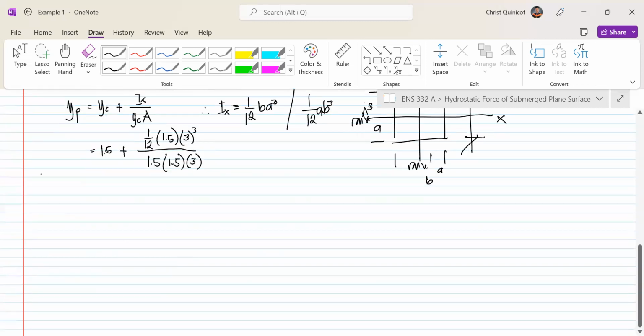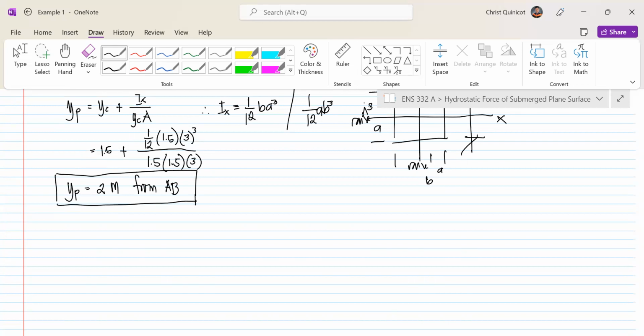So our y sub p is equal to 3 cubed is 27 times 1.5, that's 40.5 divided by 12, that's 3.375, divided by quantity 1.5 times 1.5 times 3, is 0.5, plus 1.5 is 2 meters. 2 meters from AB. Now, this is the y component of our center of pressure.